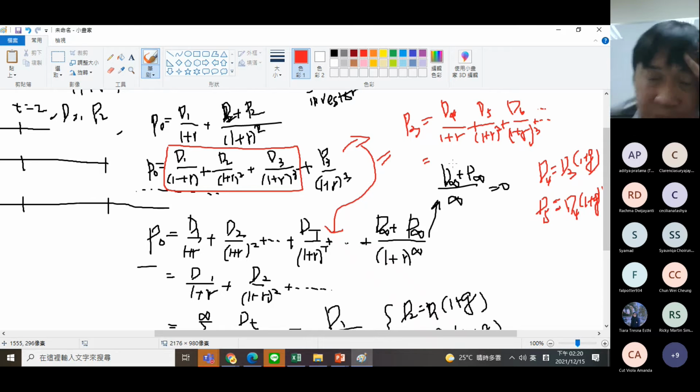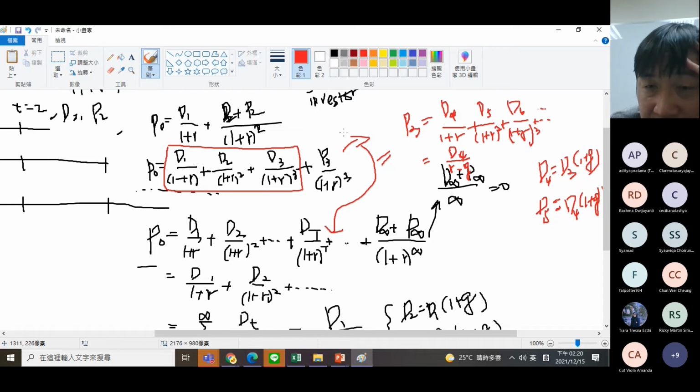So we can express that as a new equation: P3 can be expressed as D4 over r minus g.